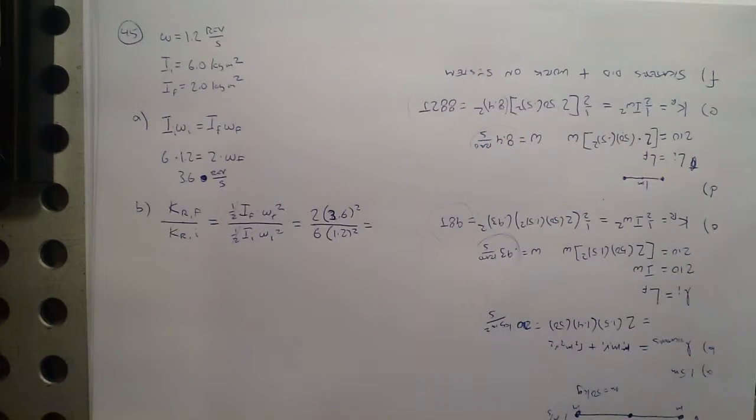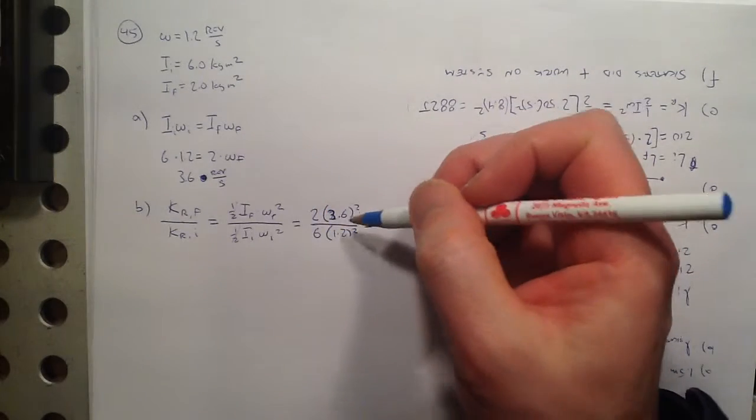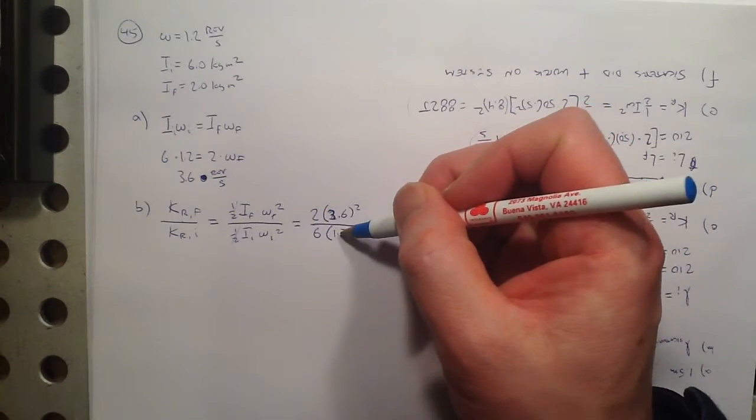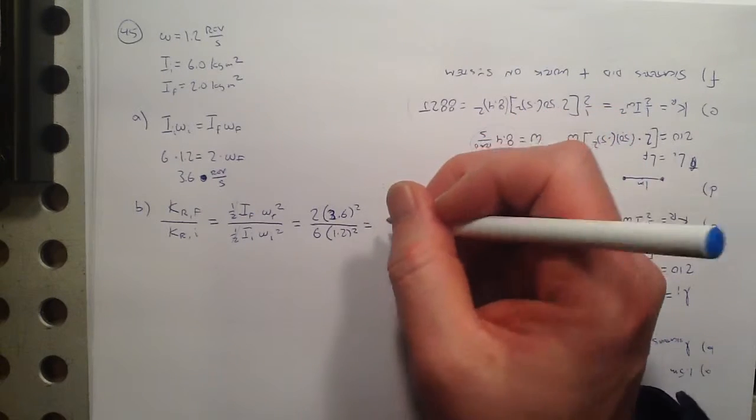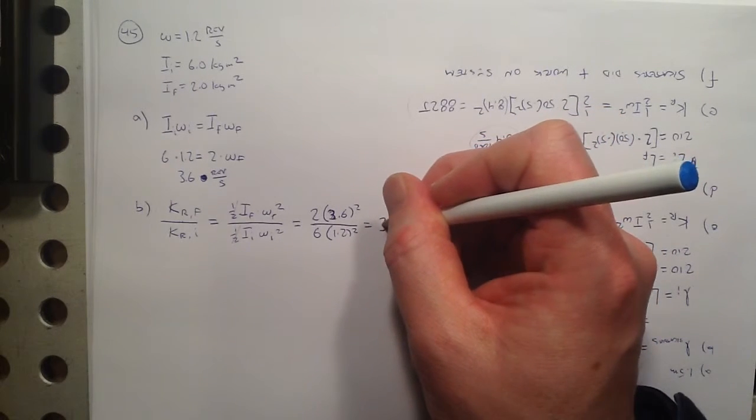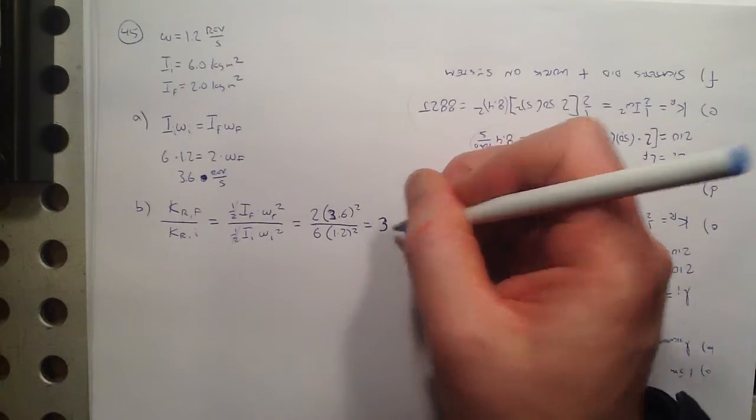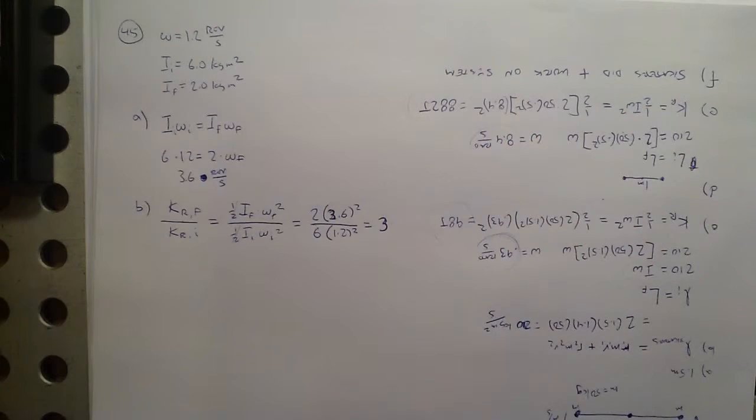If you look at the ratio like this, you can see what's happening. This is 1/3, and this is 3/1, but these are getting squared. So that's going to be 3, a 3:1 ratio.